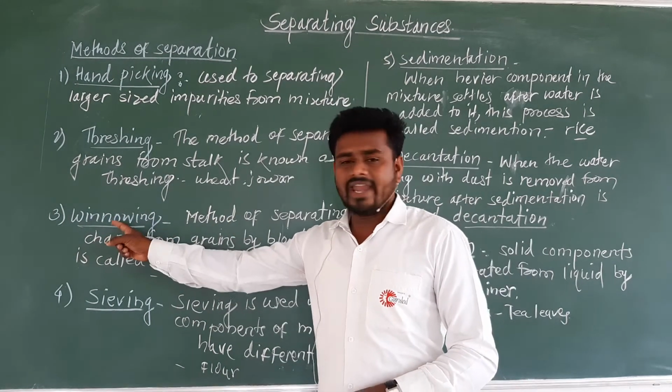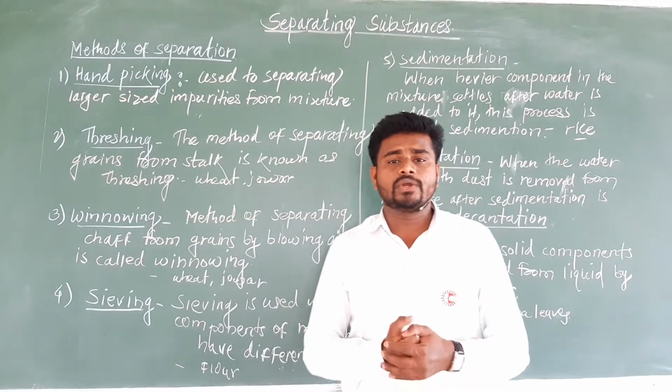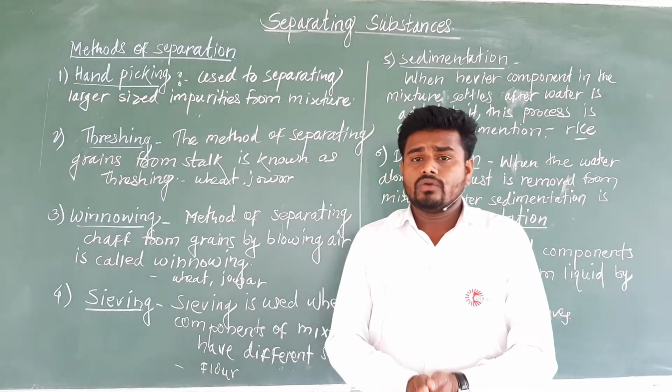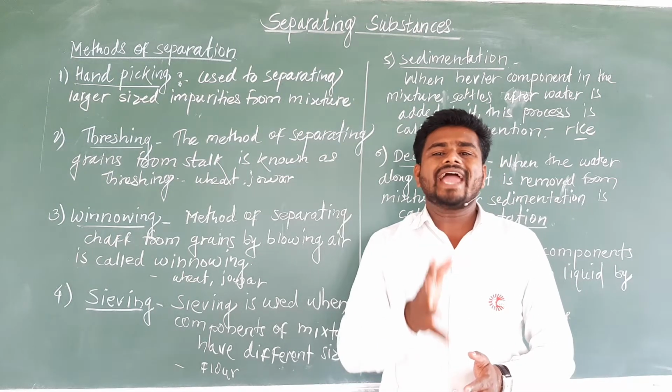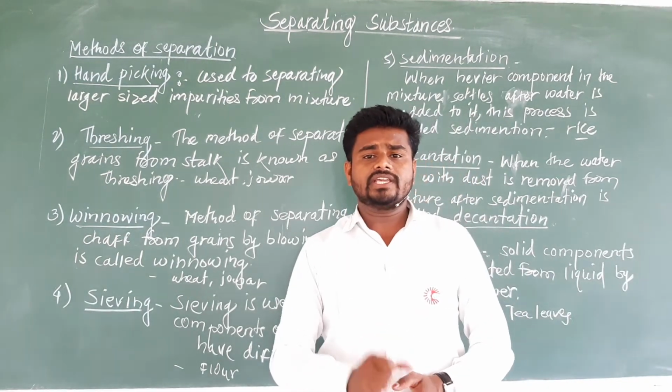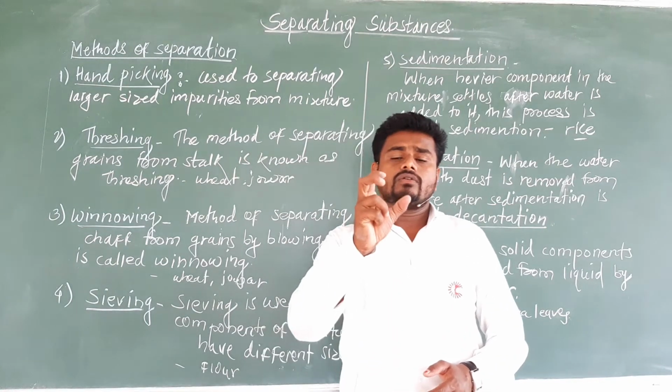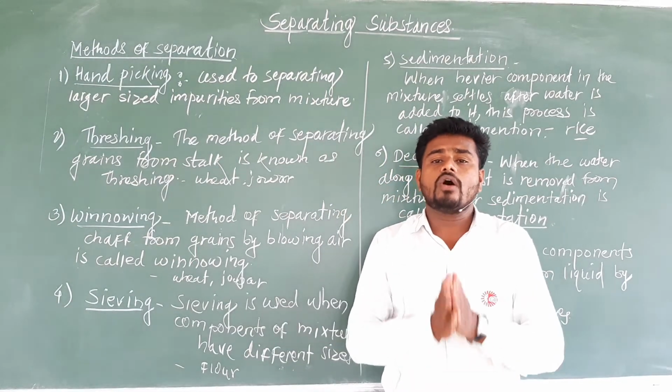The next method of separation is winnowing. What is winnowing? Winnowing is used to separate the lighter impurities from the heavier food grains or components.